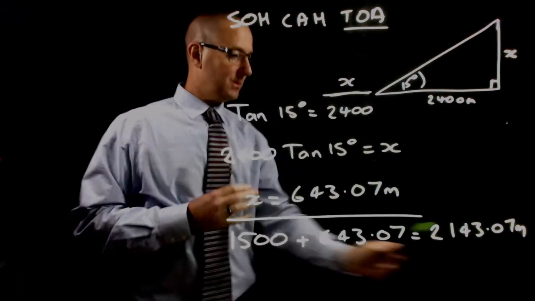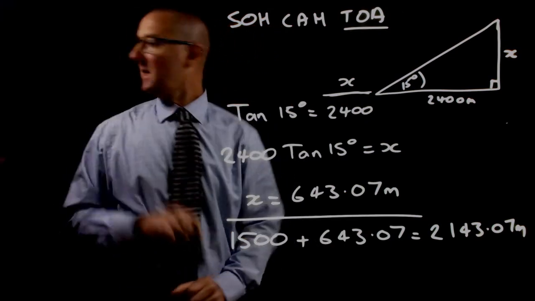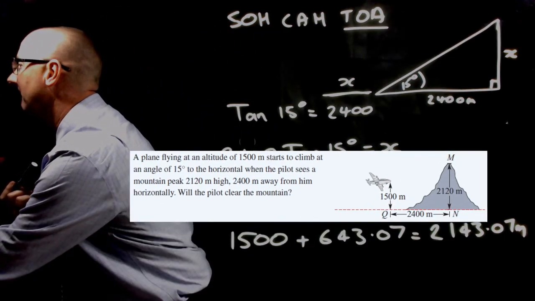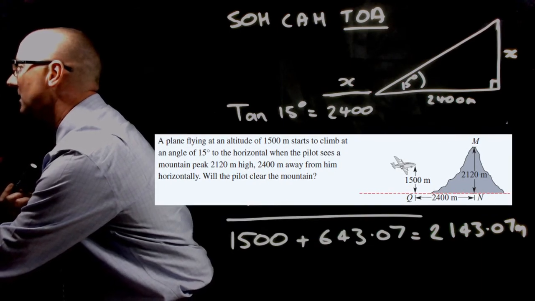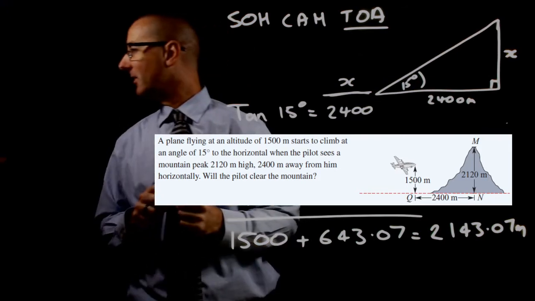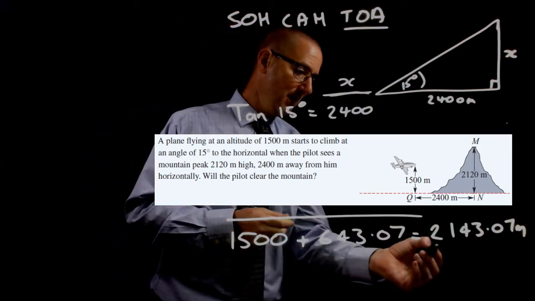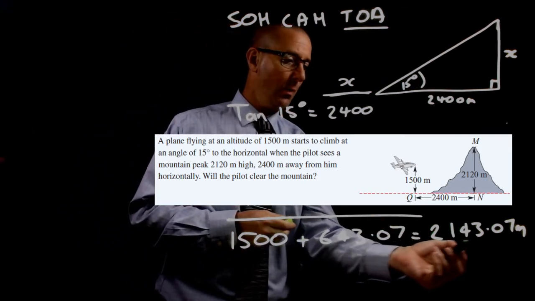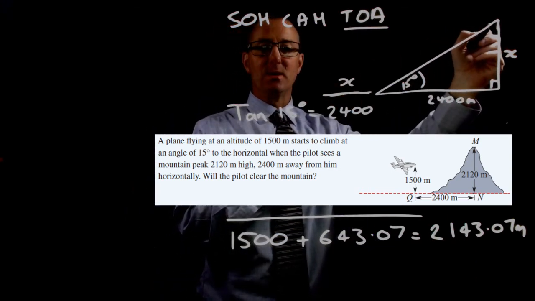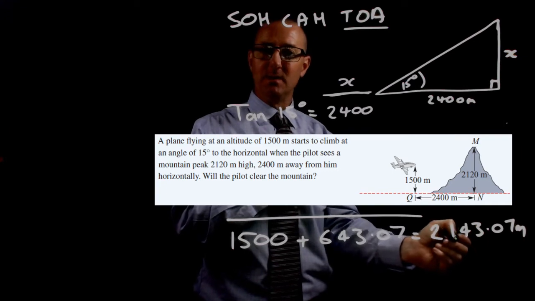There we go, 2,143 metres. Now our plane, if we bring our image back on, our mountain is 2,120 metres high, and so our plane is going to clear our mountain with 23 metres to spare.